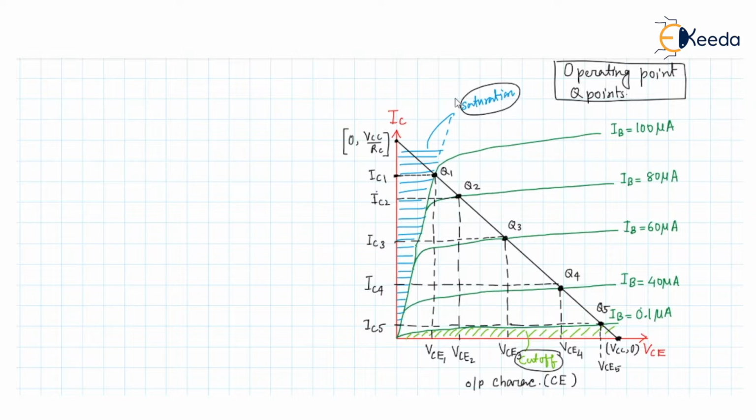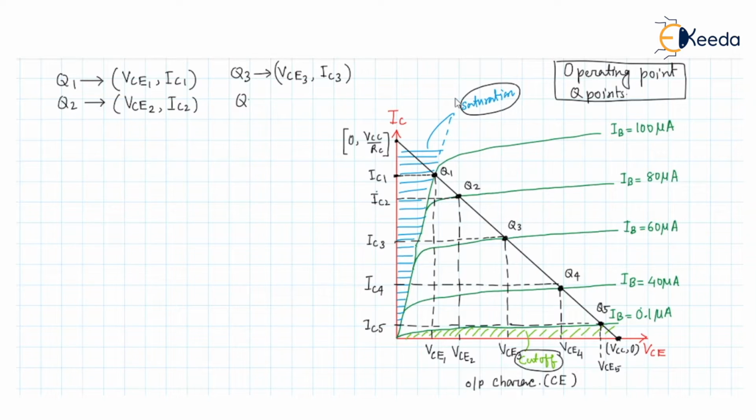So every operating point, that is Q1, will be specified by the value of VCE1 and IC1. Similarly, Q2 will also be specified by a particular value of collector to emitter voltage and IC2. Q3 will be specified by VCE3 and IC3.